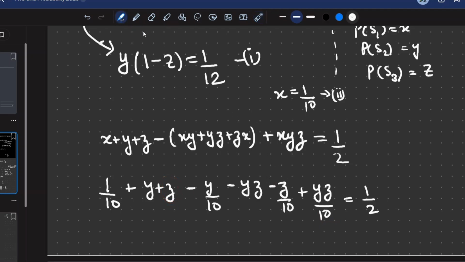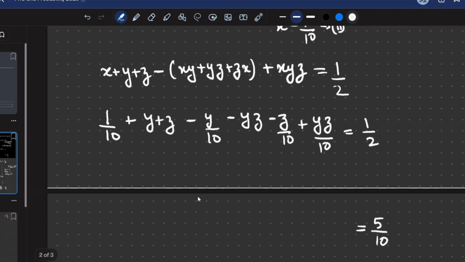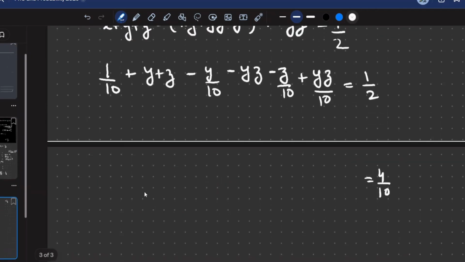Okay, fine. So let us do the calculations. 1 by 10. Okay, let us shift 1 by 10 over here. This will become 4 by 10, right? So 4 by 10 is equal to (Y minus YZ), let us take Y minus YZ common and substitute the value hand in hand.